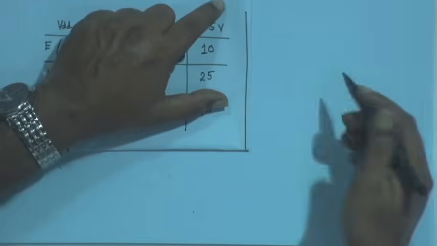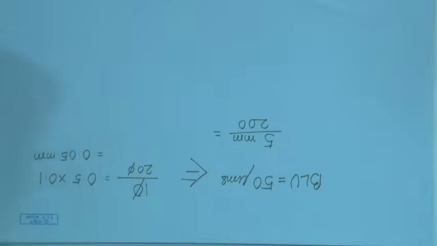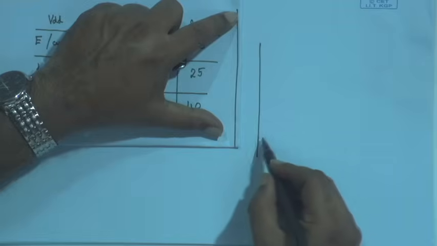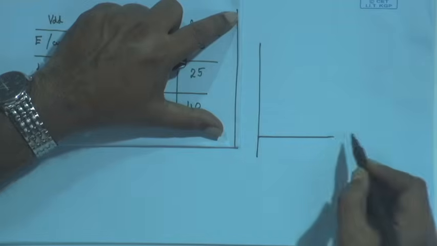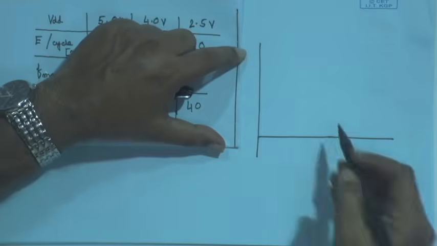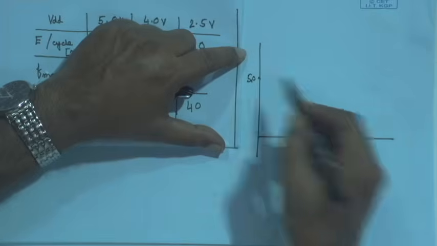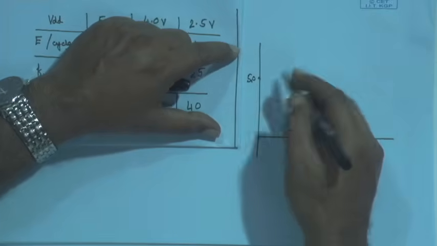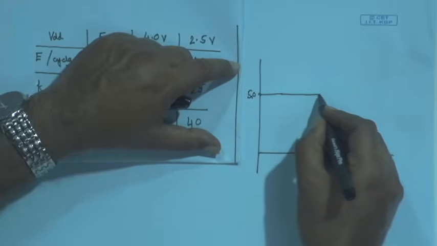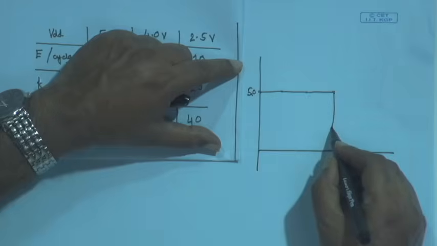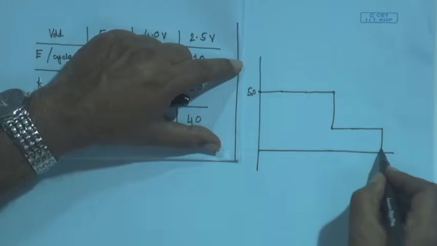If I had scheduled it in a different way, say I run it at 5 volt for 15 nanoseconds, and then for the remaining, up to 25 nanoseconds, here is 25.